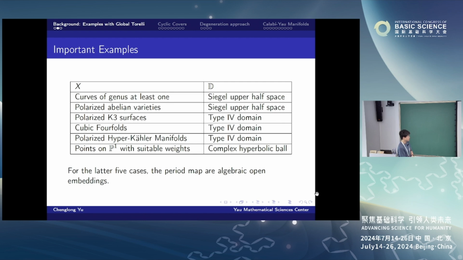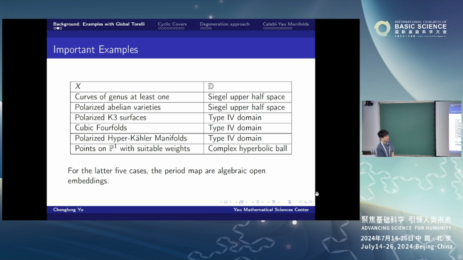I forgot to mention that actually you also need to consider the integral structure on cohomology, and then the corresponding object is called the Jacobian of the curve, and the moduli space of the Jacobian, or you view the Jacobian as a polarized abelian variety, and the moduli is just a Siegel upper half space.